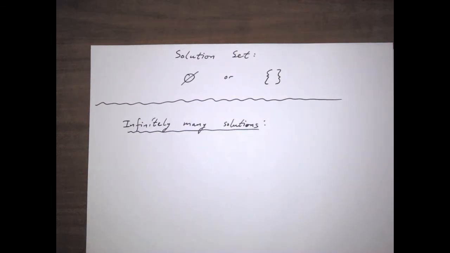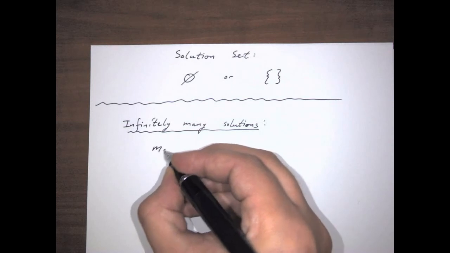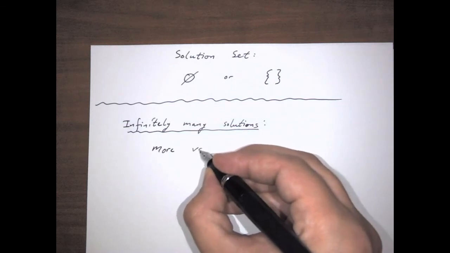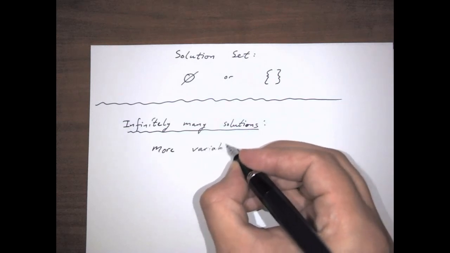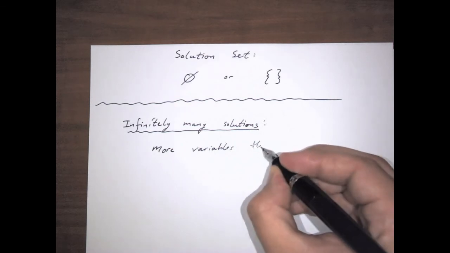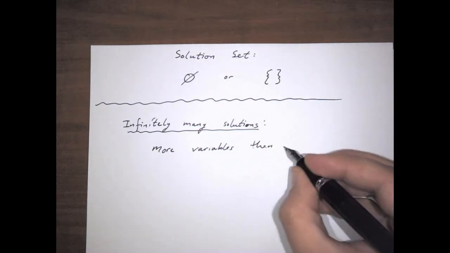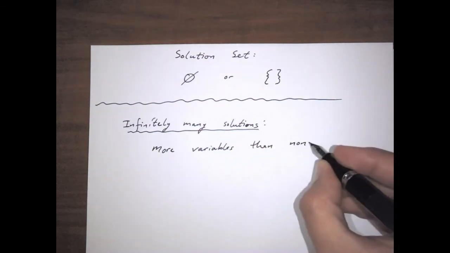What this basically amounts to is you end up with more variables than non-zero equations.